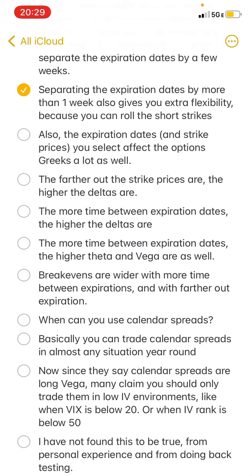Or if it pulls back quite a bit down to the next level of support, you can just buy back that short call and see if it bounces off that support level. And if it bounces from that support back up to the resistance, then you can sell another call after it runs up, and you can pick a different date. So instead of next week's, you would pick 2 weeks out.